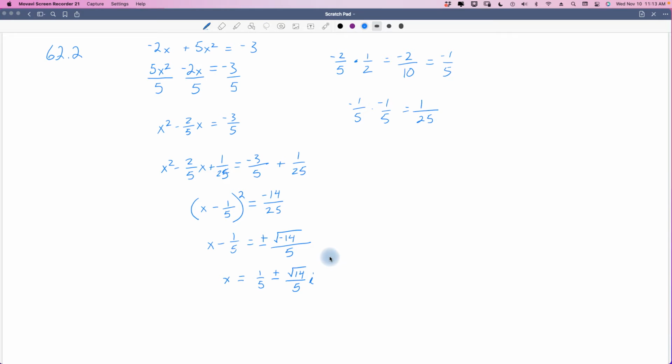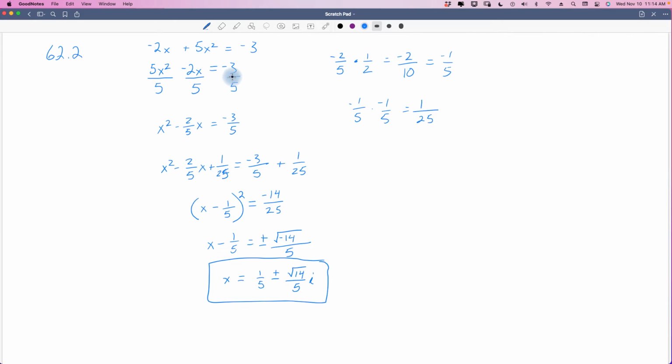All right, chickadees, if you got x equals 1/5 plus or minus the square root of 14 over 5 times i, then you got the right answer. So let's walk through it. So first and foremost, we had to write it in descending order. Now listen, the negative 3 was already over here.